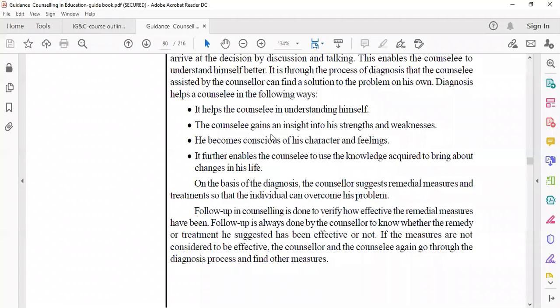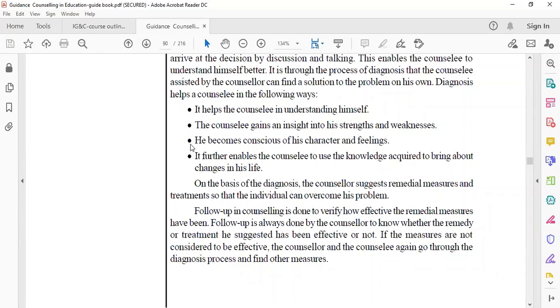The counselee gains an insight into his strengths and weaknesses. Counselee means here the student, the person to whom the counseling is provided. The counselor is a person who is giving counseling, and the counselee is the person who is getting counseling from a teacher or from a counselor. In a classroom setting, a teacher is a counselor and a student is a counselee.